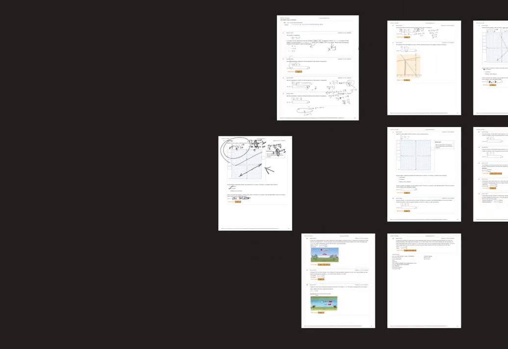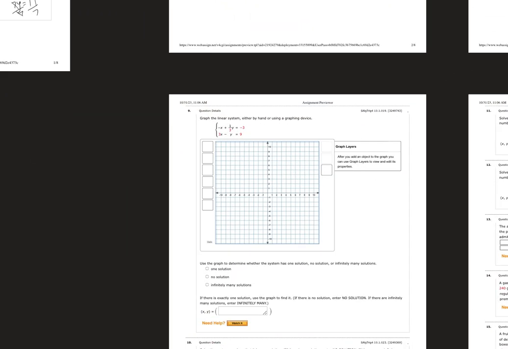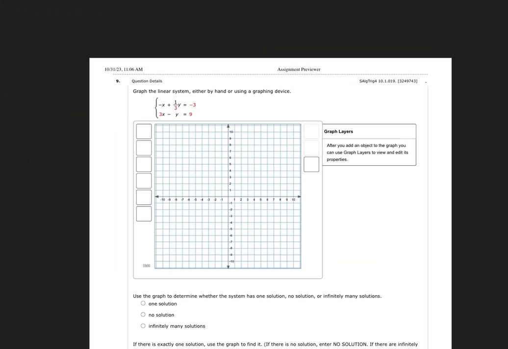Taking a look at the next question, it says to graph this by hand or by using a graphing device. Of course, I'm going to use a graphing device because that's the easier way to go about it. But if I was going to do this by hand, I would put these in slope-intercept form by solving for y. So I'll tell you right now, this first one, my first step would be to add x to both sides and then to multiply every piece by 3 to get rid of this fraction.